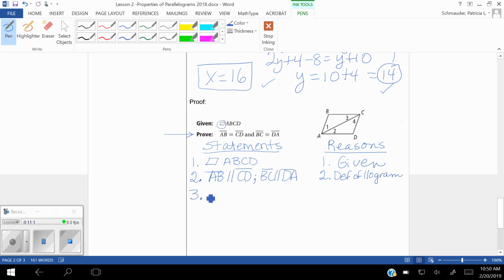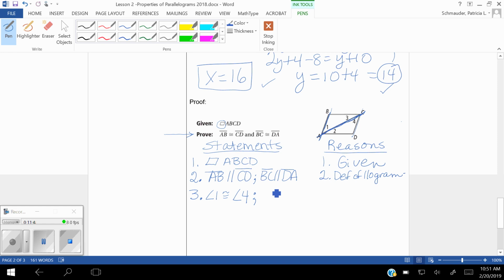Okay, so how does that help me? Well, if I let this diagonal here, AC, be my transversal, then what do I know? I know that angle 1 is congruent to angle, well, hold on a second. If I'm looking at AB, yeah, I'm going to say angle 1 is congruent to angle 4 because of those two parallel lines.